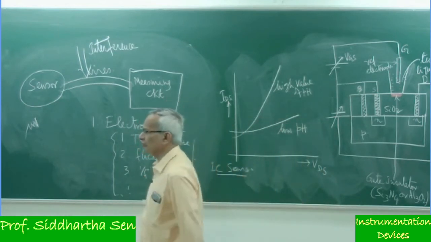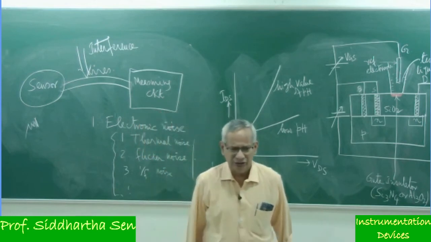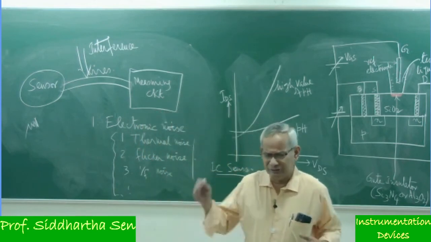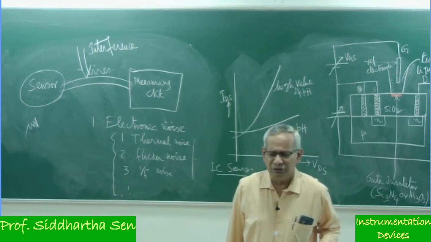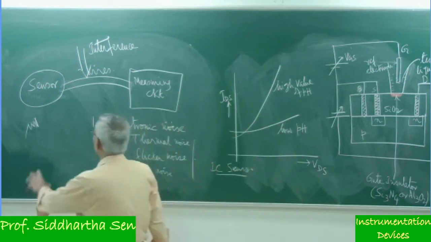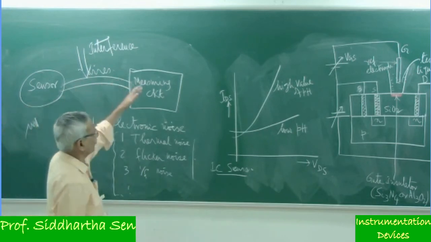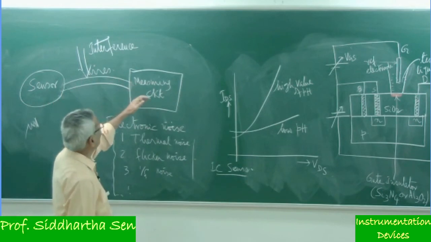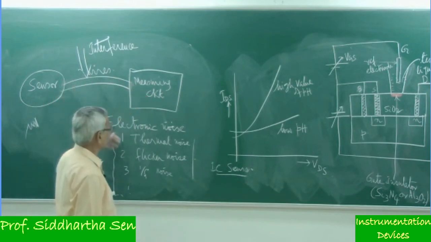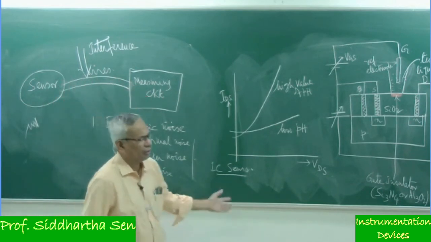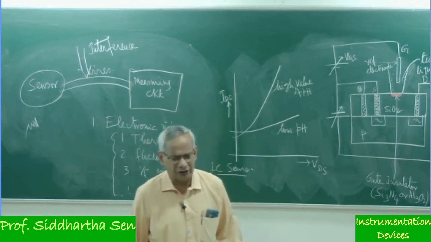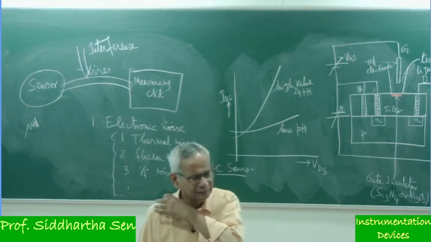We will always try to see that there is some limit: if the signal is below that threshold, it will be masked by the noise, and we will not be able to detect the signal in the presence of noise.